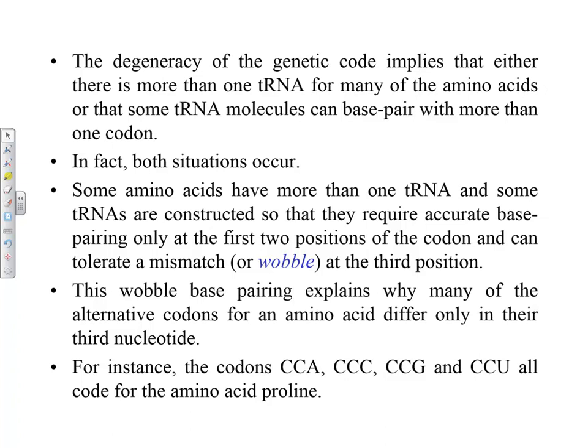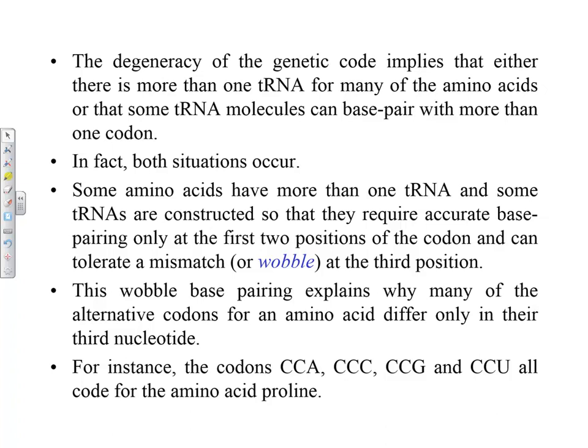Is this the case for all amino acids? I mean, when we have alternative codons, would the last one tolerate this mismatching, so we have all these options for that amino acid? Probably not. I'd have to look and see. Sometimes it could be different.